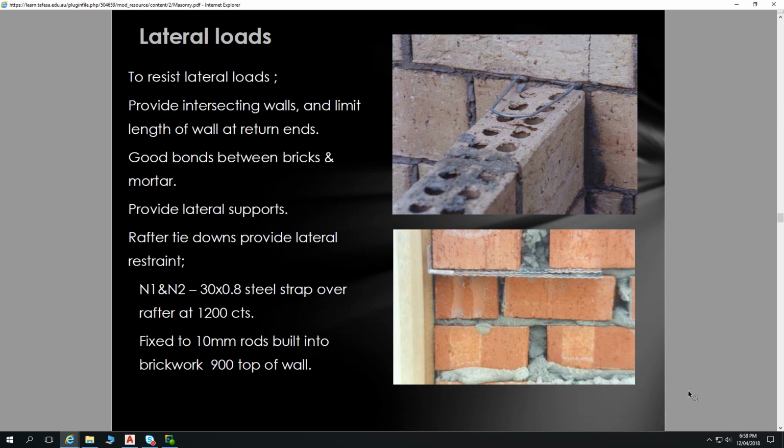So there we have one of those locking a single leaf return wall into our external wall. One way to resist lateral loads on a brick wall, typically if it's a standalone brick wall and we don't have any timber framework, is to have either intersecting walls or engaged piers.